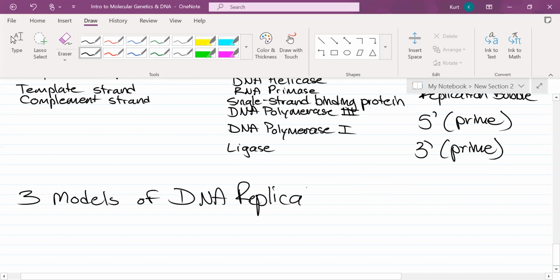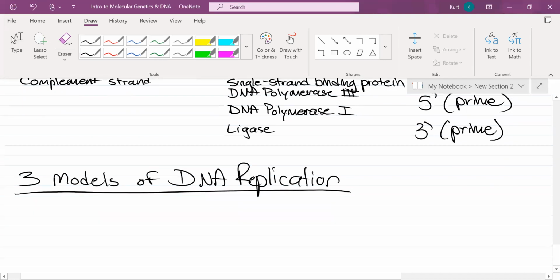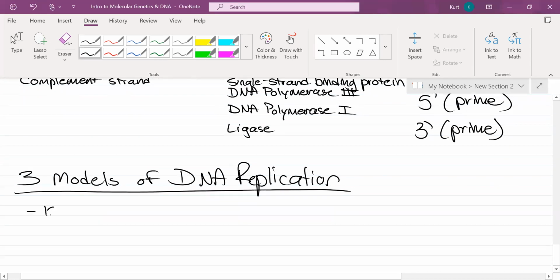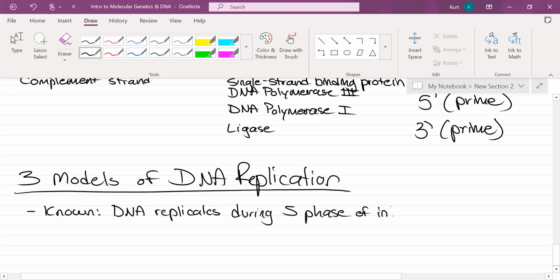So when scientists were really starting to learn about the intricacies of DNA replication, we obviously know that DNA replicates during S phase. So that was a known. Why does this happen?